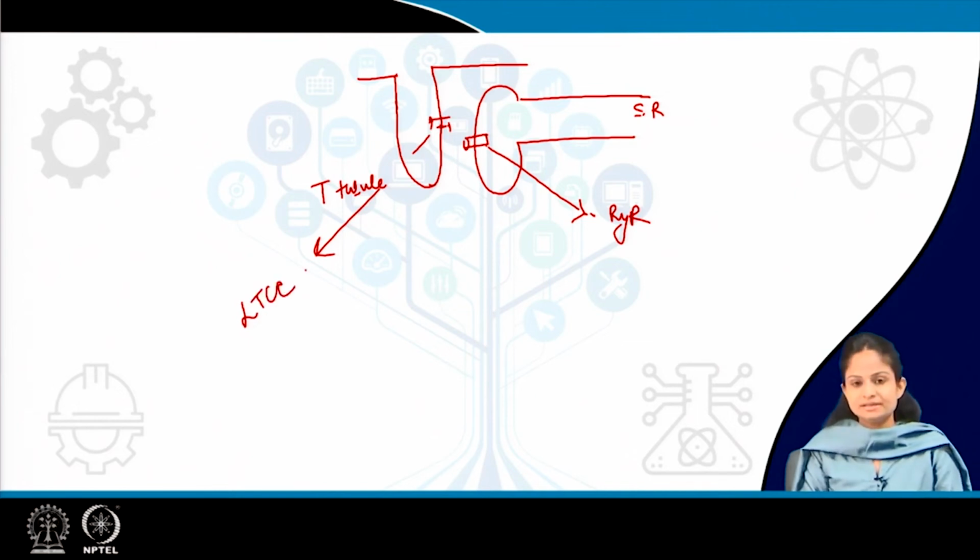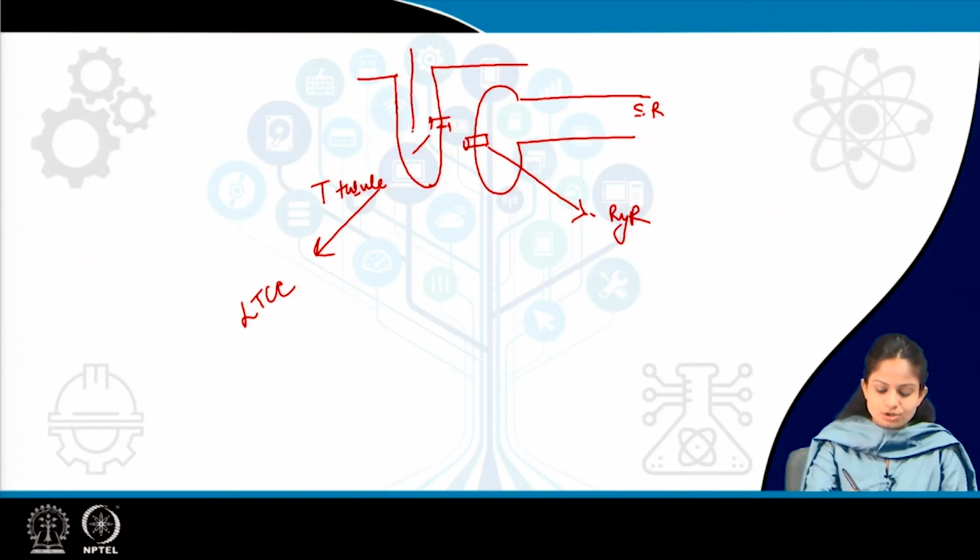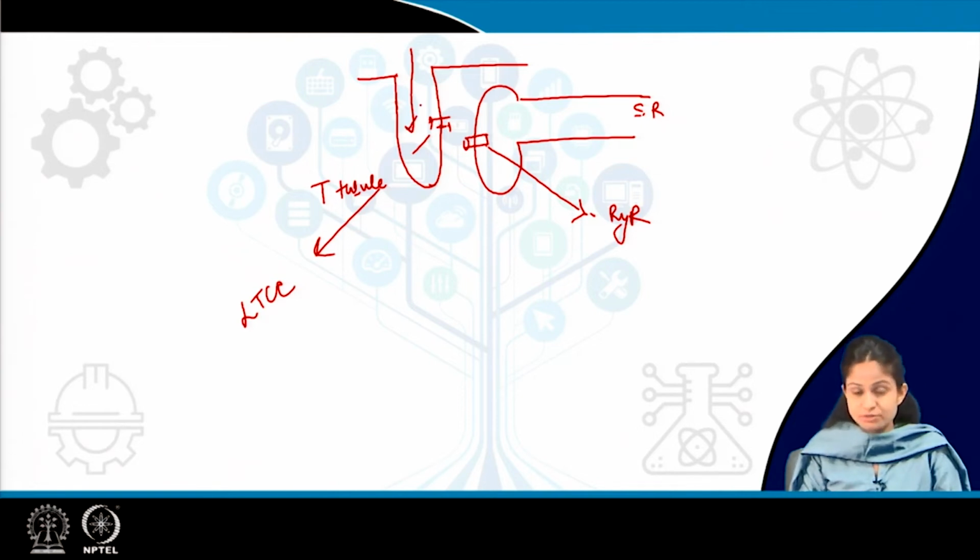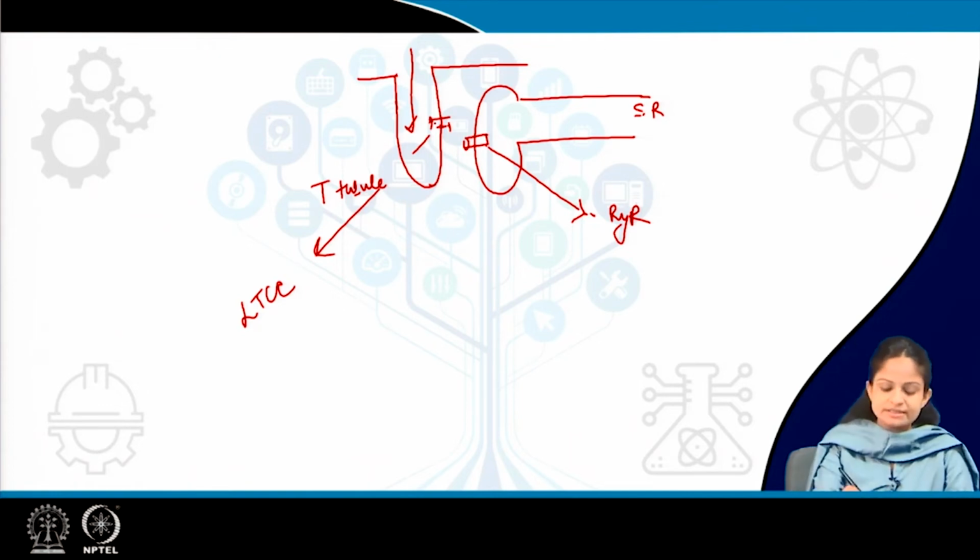Now, whenever there is action potential generated and it traverses the T tubule, these channels are the voltage sensors. Voltage sensors means there are more positive charges over here.